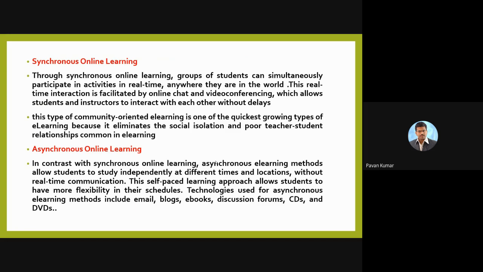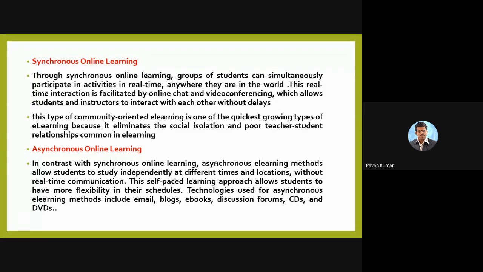And next one is the synchronous online learning. Here, a group of students can simultaneously participate in activities in real time, anywhere they are in the world. So this interaction will be online, and all the students, wherever they are, are able to access the content simultaneously and synchronously.